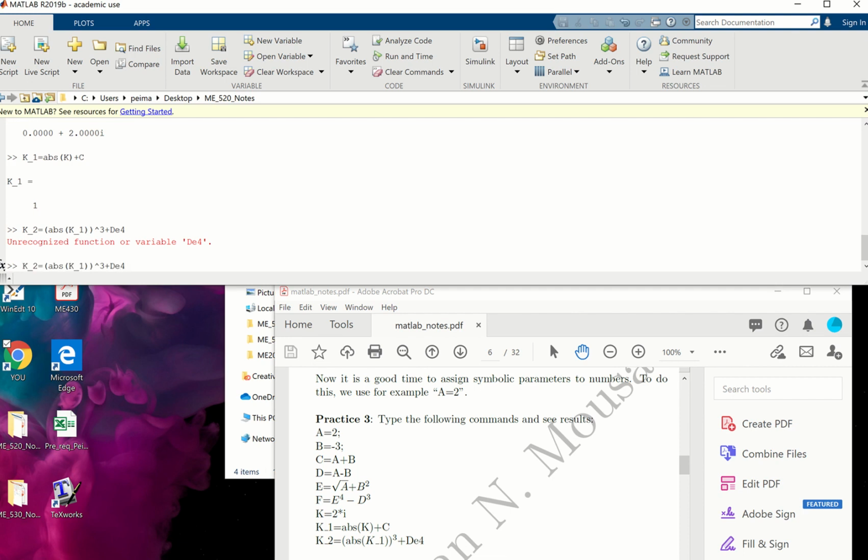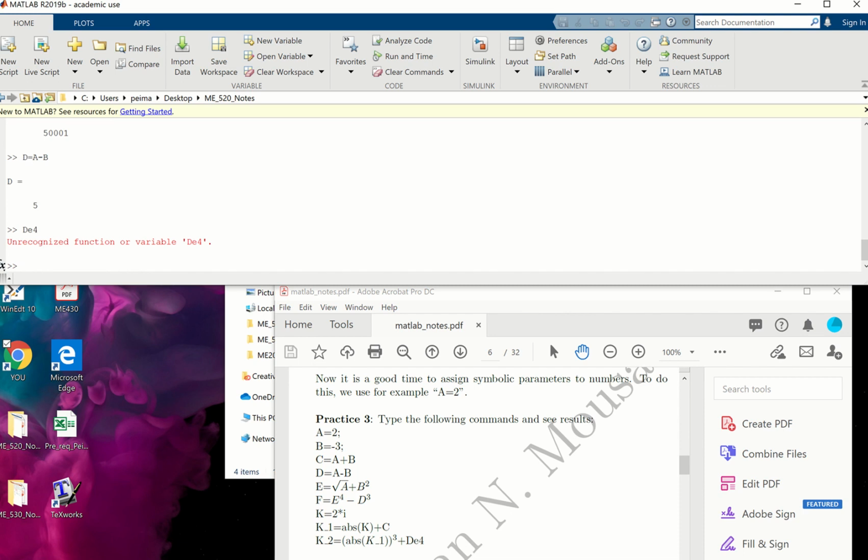You have to say d multiplied by 1e4. Understand? This is a trick. And here we go, this is the result. So be careful. You cannot put the parameter here, de4. See, the up arrow gives you d. So we cannot say de4, because this is a syntax error in MATLAB.